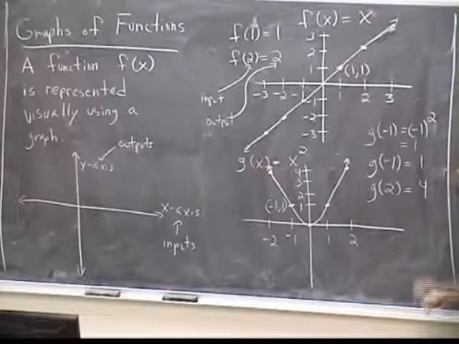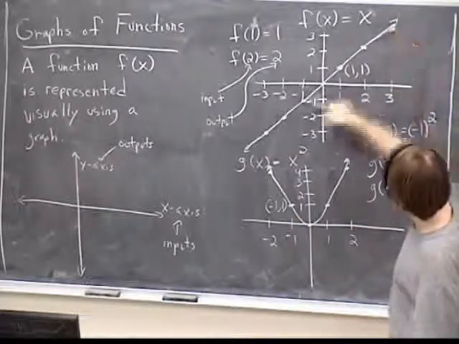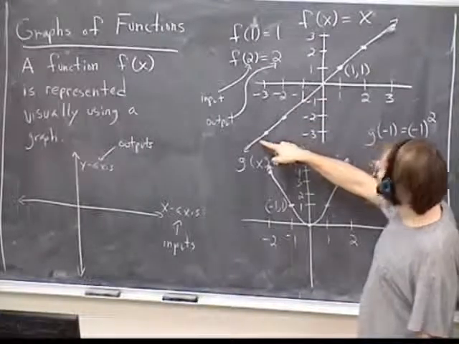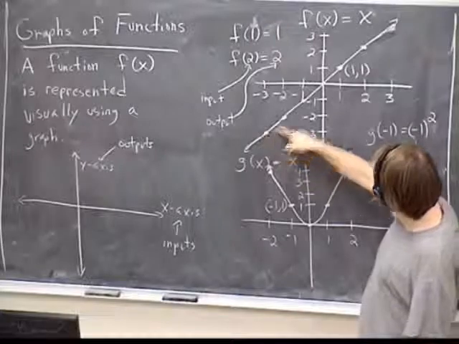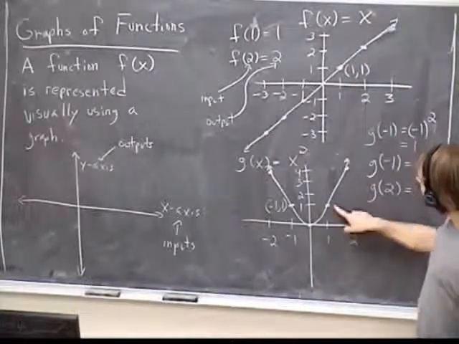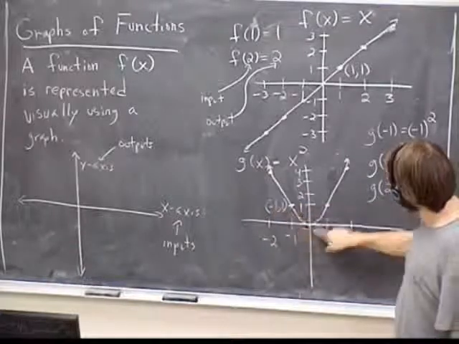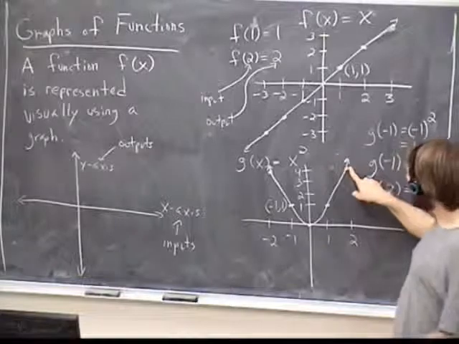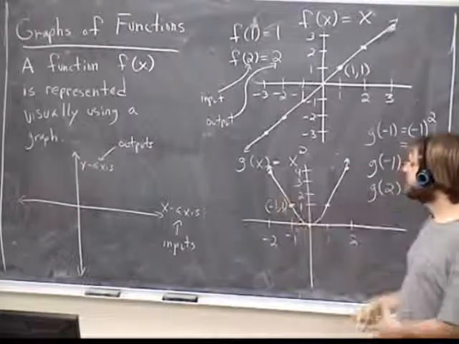Okay? So I plotted these points, and then I extrapolated, and I said, okay, it's probably the graph of a line, so I connected them with a line. Down here I did a similar thing. I only graphed these 5 points, but I know that the graph has to be a U-shape.